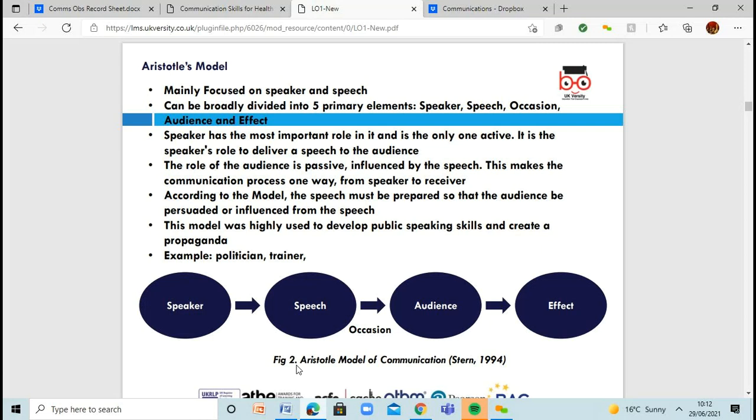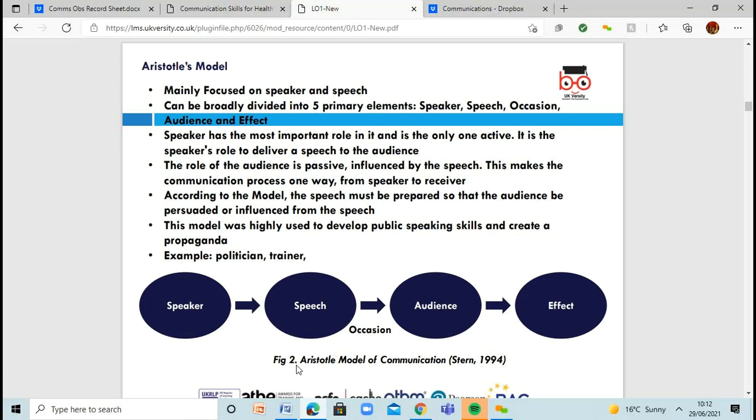The speaker has the most important role, and he or she is the only person that's active, delivering a speech to the audience. The audience, the people getting the message, are just passive. They're not interacting. All they're doing is being influenced by the speech. So according to Aristotle, this model is just a one-way process, from a speaker to a receiver.